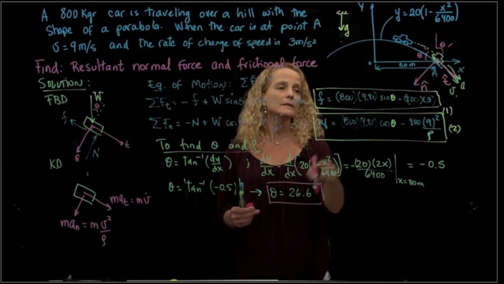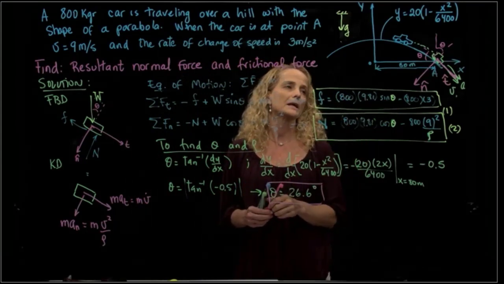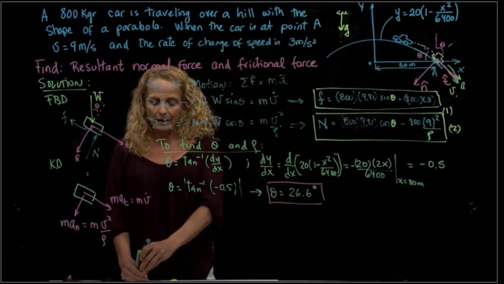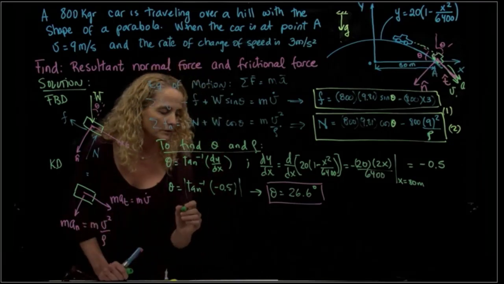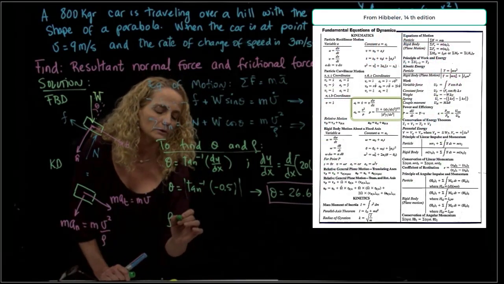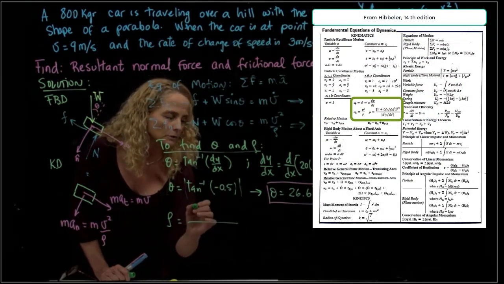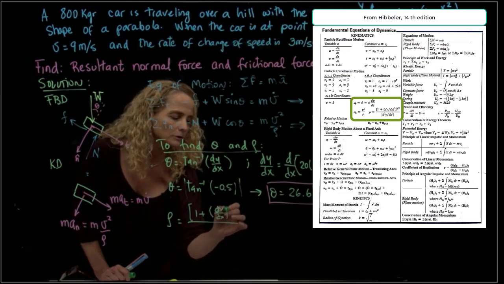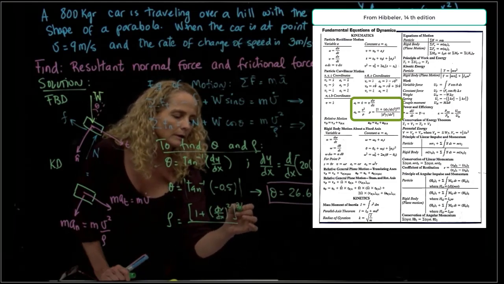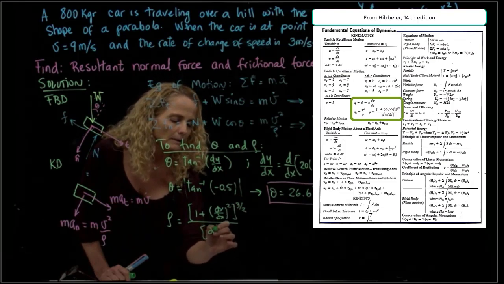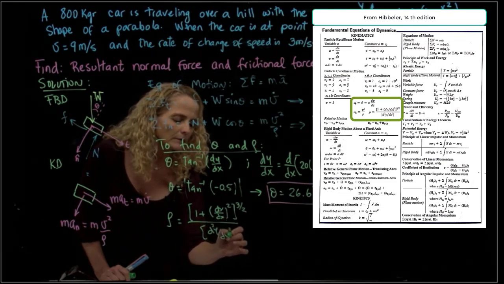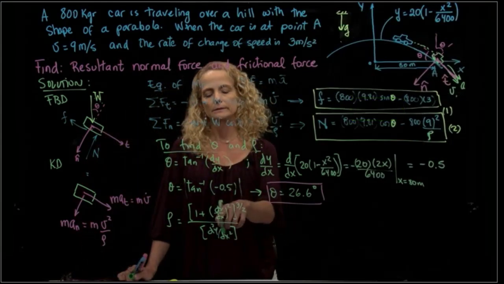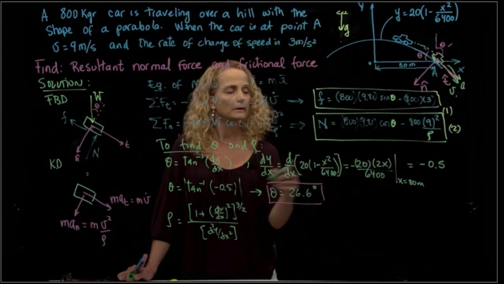This is the angle that I will use to find my F. With this angle, I plug it in here and I can find how much F is. To find the radius of curvature, to find N, you remember from the theory that the radius of curvature is given by 1 plus the derivative squared, to the 3/2, over the second derivative. We already know that dy/dx is negative 0.5.